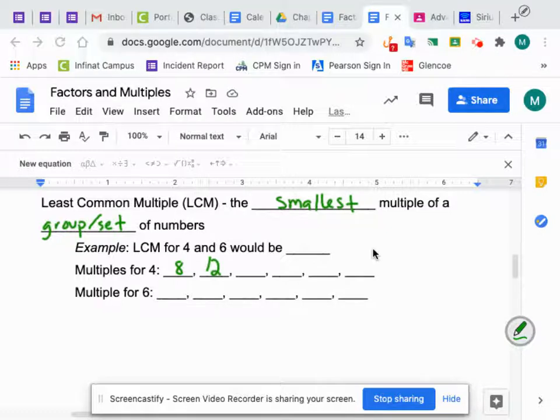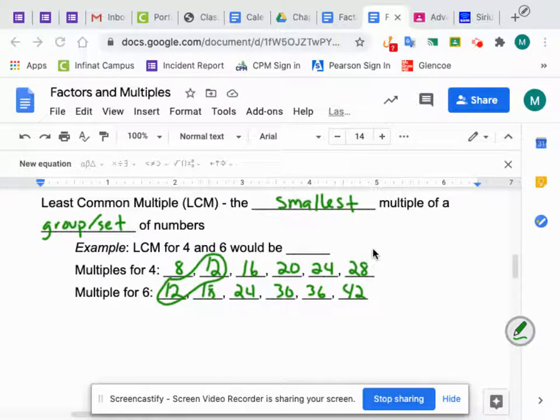Or you can just add 4 to the next number over and over again. So 16, 20, 24, 28. Multiple for 6, we're going to go 12, 18, 24, 30, 36, 42. And so I'm looking for the smallest number in both lists, and it's 12 here.